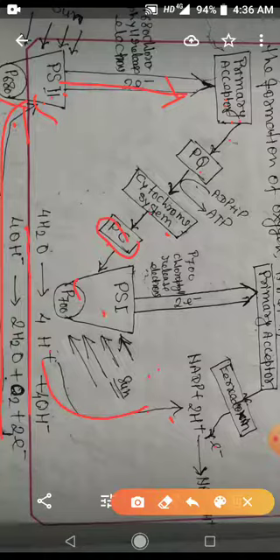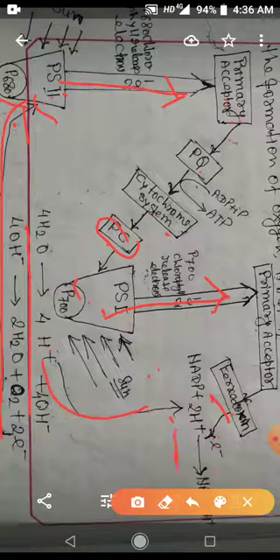From the reaction center of photosystem 1, electrons are emitted. Those electrons are accepted by the primary electron acceptor. From the primary electron acceptor, they pass through ferredoxin, and after the ferredoxin, they are used for the formation of NADPH2.